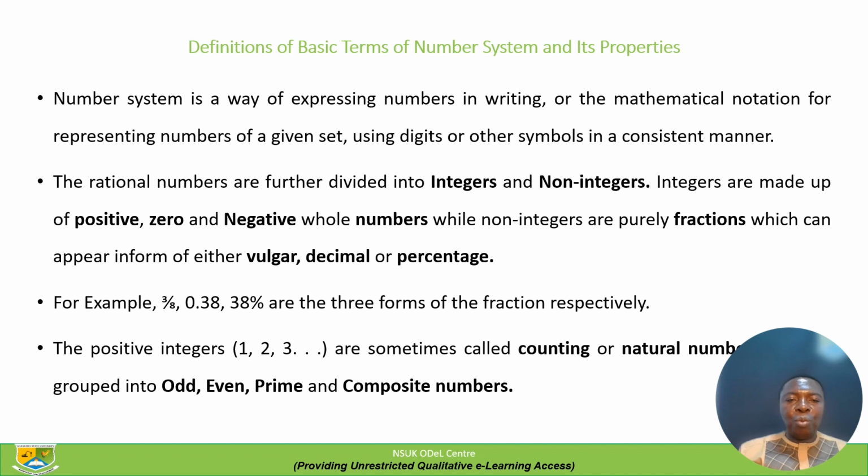For example, you can say 3/8 or 0.38 or 38% or 50%, etc., are the three forms of fractions respectively. The positive integers, which are 1, 2, 3, are sometimes called counting or natural numbers. They are grouped into odd, even, prime, and composite numbers.